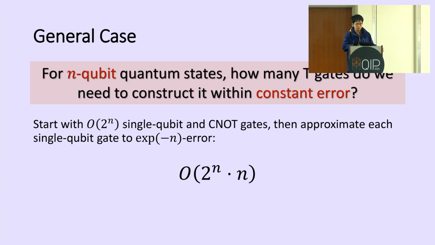Then we approximate each single qubit gate to inverse exponential error, and by union bound, the total error will be constant. By doing so, you will find that the number of T gates you need will be 2 to the n times n. Here, the 2 to the n is the number of single qubit gates you initially used, and the second multiplicative factor n comes from the single qubit approximation by converting it to Clifford plus T.